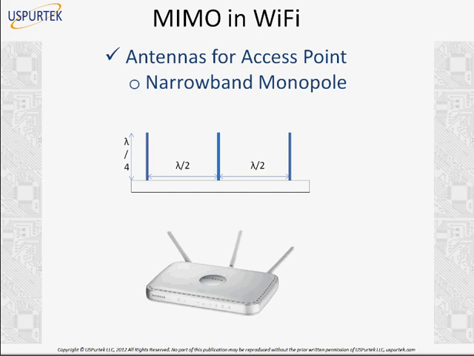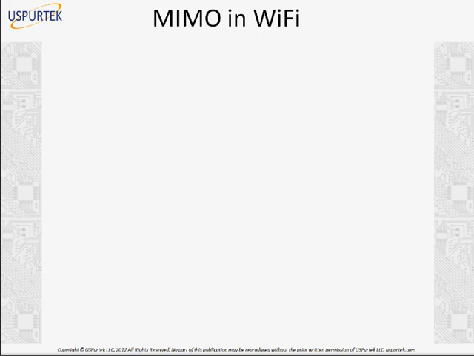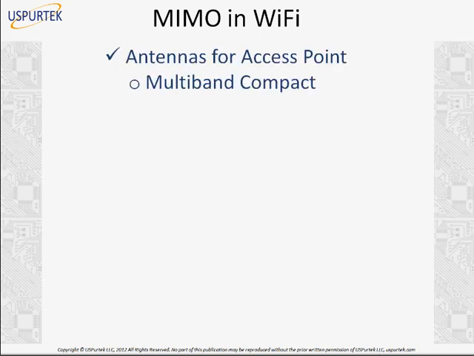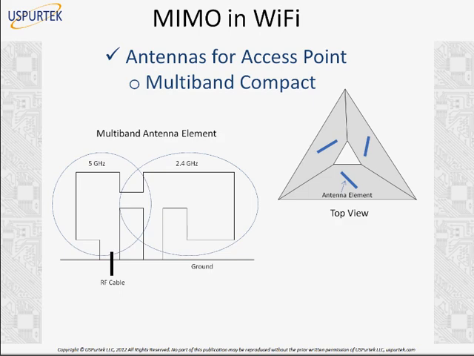Okay. All right. Next, let's look at what other antenna variations are possible in Wi-Fi. Antennas for access point, multi-band compact. This is another variation which makes it compact. You have a PIFA, a planar inverted F type of antenna, where you see a 5 gigahertz element on the left side and 2.4 gigahertz on the right side.